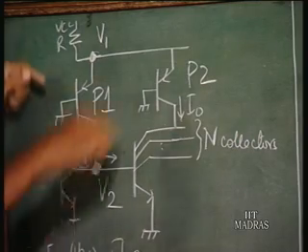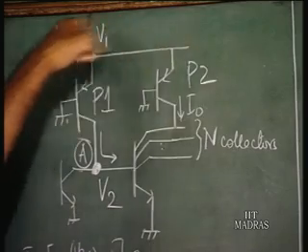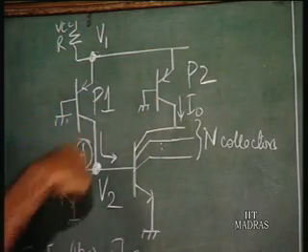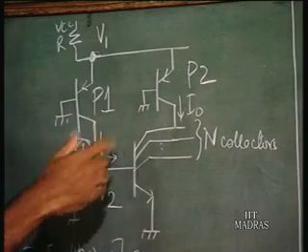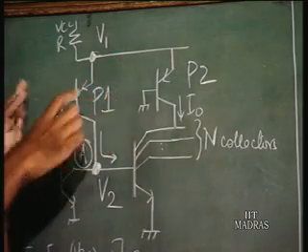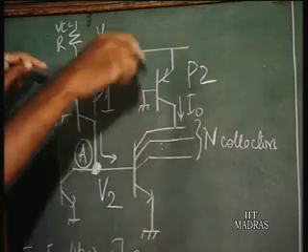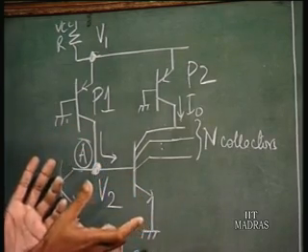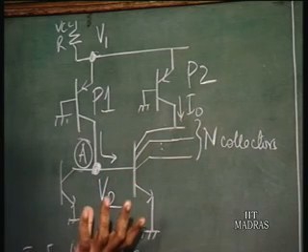If you have the same, because from the same point you are having two PNP transistors here, just because of this configuration and the condition of these transistors, normally if both the transistors were identically biased, you would have equal currents, and then this transistor would go to saturation if the beta is greater than 1.